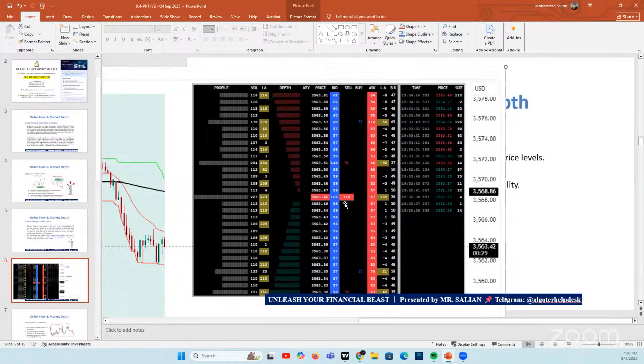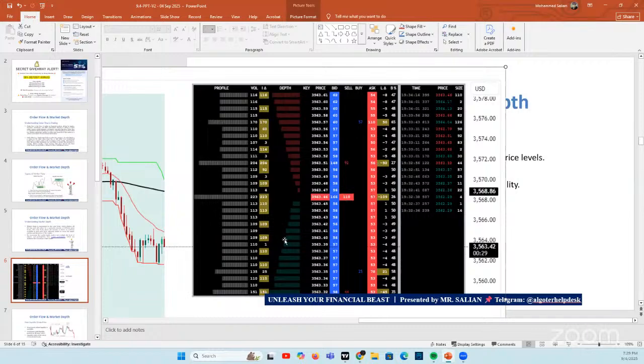It means sellers are more in control of this price action. So it's better to sell here at that time because you have more sellers than buyers. That's the order book. I'm not an expert here, but this is just common knowledge about this thing.